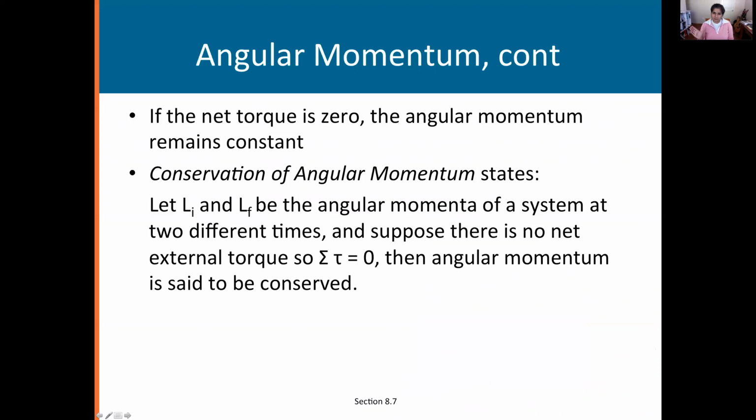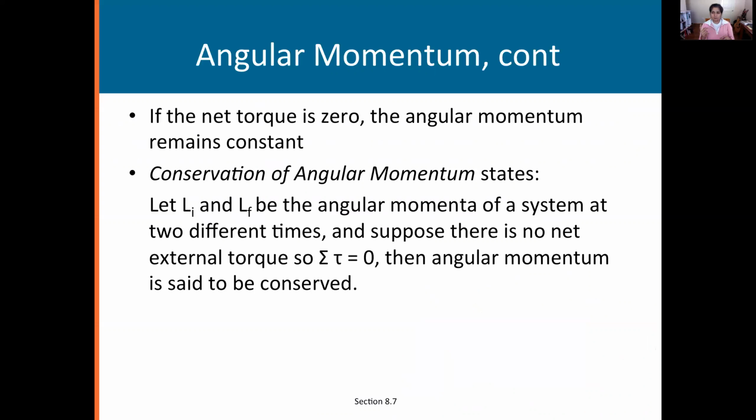Just like we had conservation of linear momentum when we had collisions in an isolated system, where there's no net external force, similarly, if we have no net external torque, then we will conserve angular momentum during rotation.